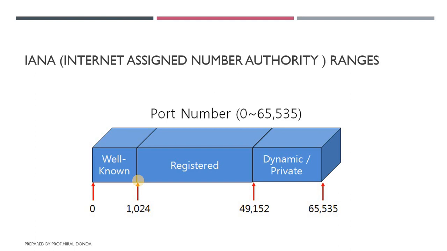Suppose we are connected on the internet, and now I want to communicate with my friend. That communication is done in real time. At that time of communication, the port number is used dynamically. At that time the port number is assigned, for that communication purpose only. So that is why it is called a dynamic port.